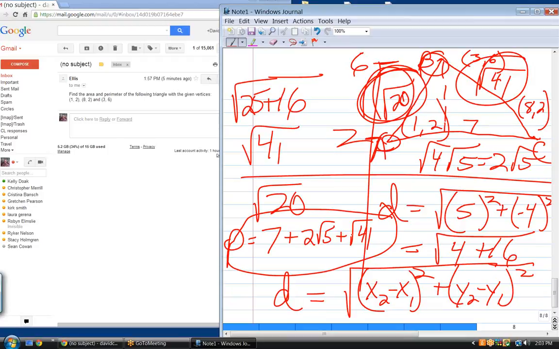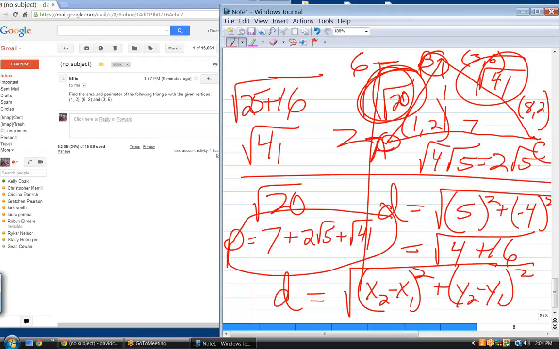Now, you're getting to a point in mathematics where you don't convert everything to decimal. In other words, if I wanted the most exact answer I could get, I've just circled it. That's it. If I want an approximation, then I'll go into my calculator and figure out what 2 square roots of 5 are and what's the square root of 41 and add it to 7 and come up with a decimal approximation.